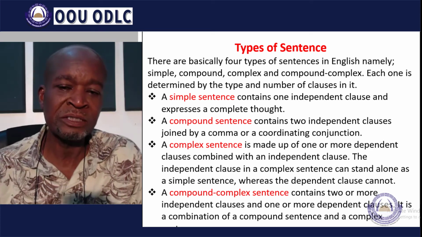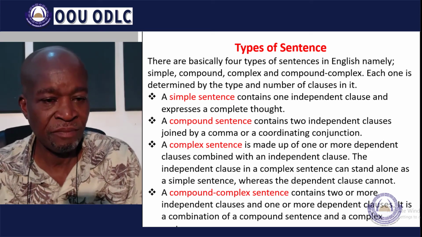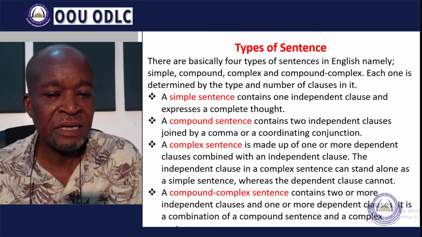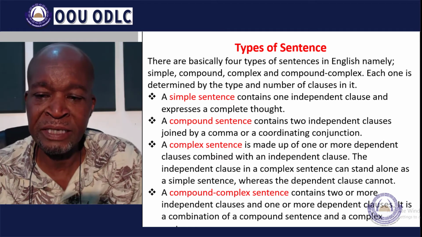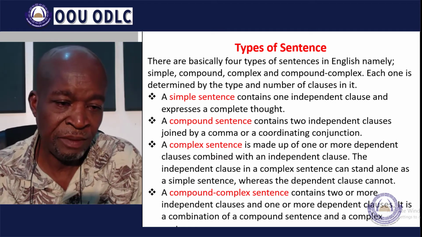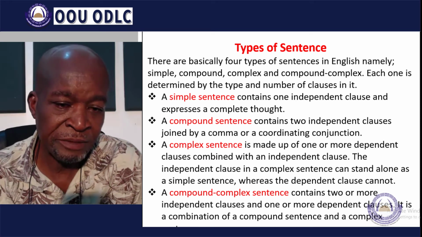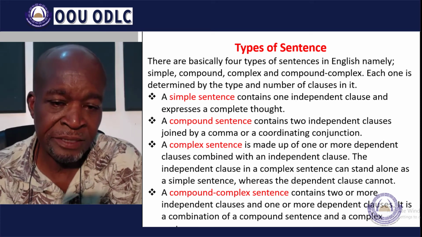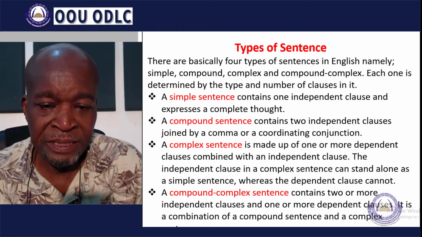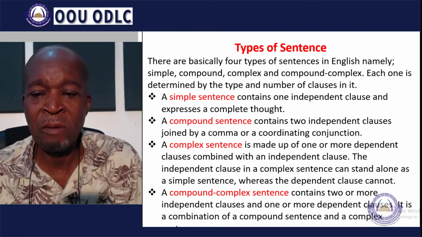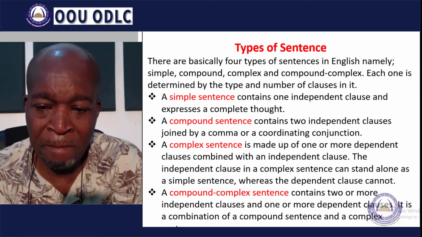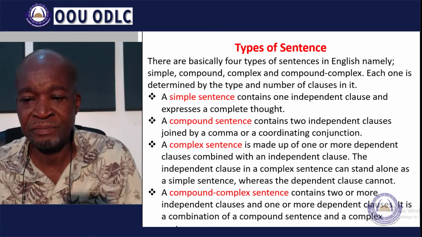Now, let's look at types of sentences. There are basically 4 types of sentences in English, namely simple sentence, compound sentence, complex sentence, and compound complex sentence.